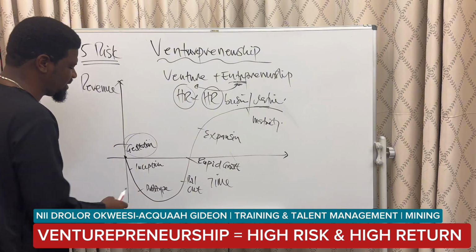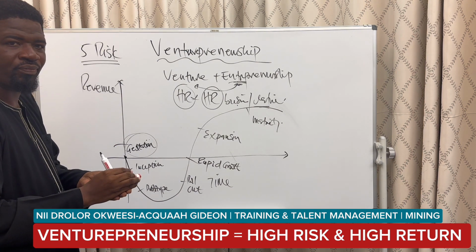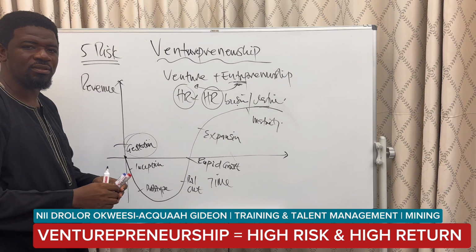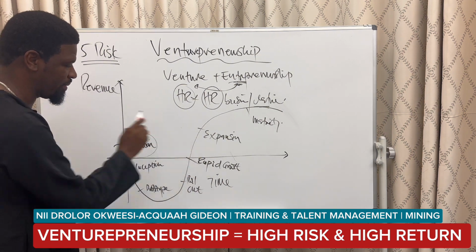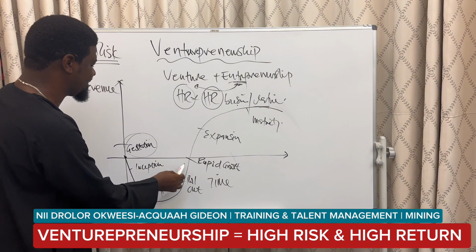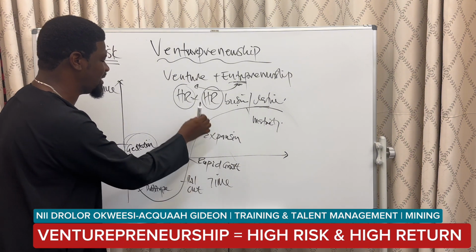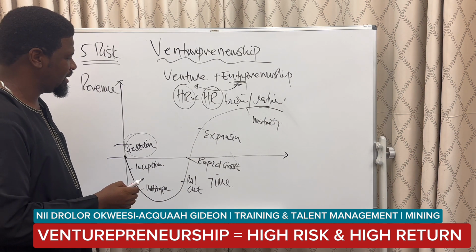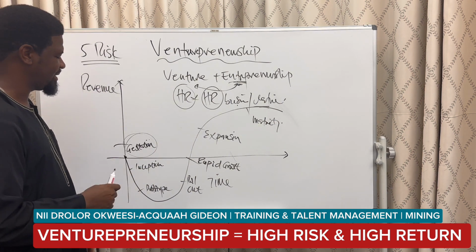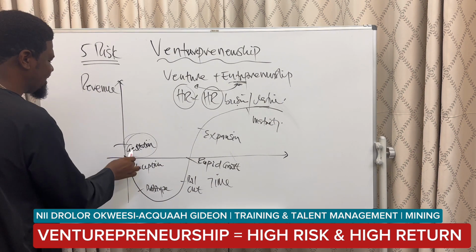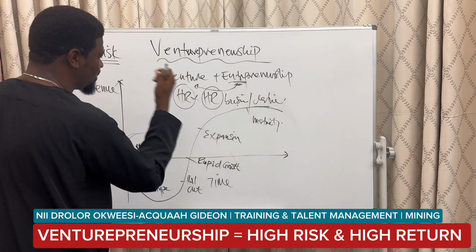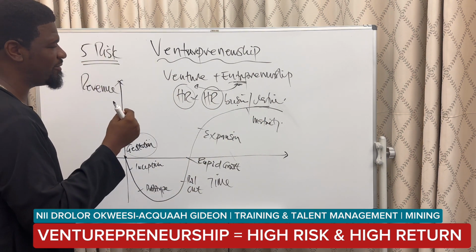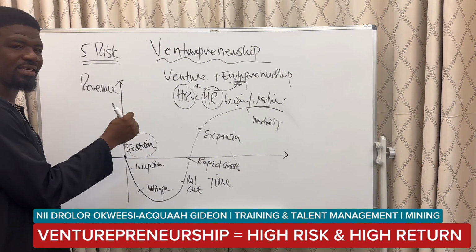Then of course, prototype. The business starts small and then you roll it out and it hits rapid growth. It is at this point that the business is moving up positively.